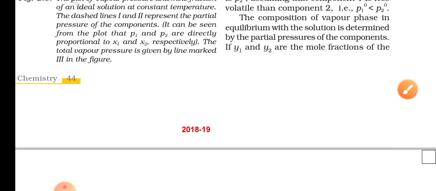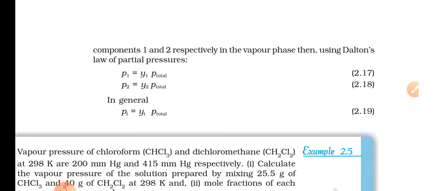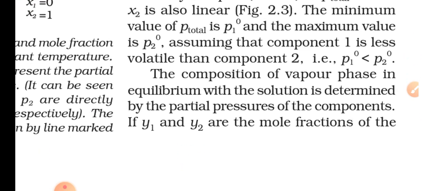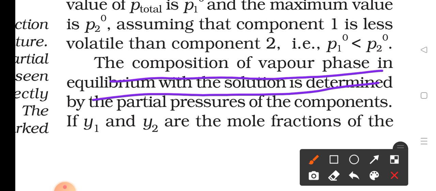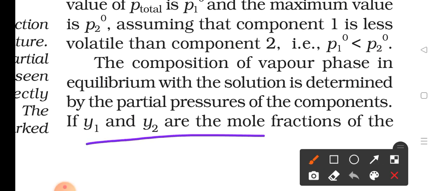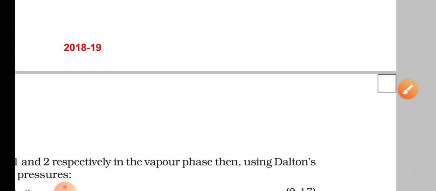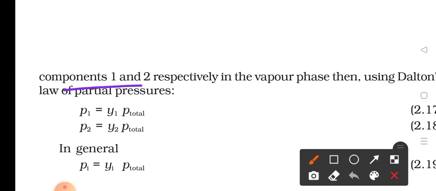Now we are going to learn a new thing: the composition of vapor in equilibrium with the solution is determined by the partial pressures of the components. If y1 and y2 are the mole fractions of components 1 and 2 in the vapor phase, what do we mean by y1 and y2?